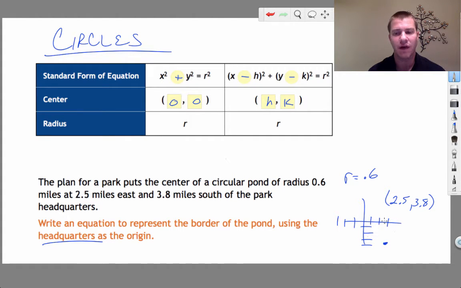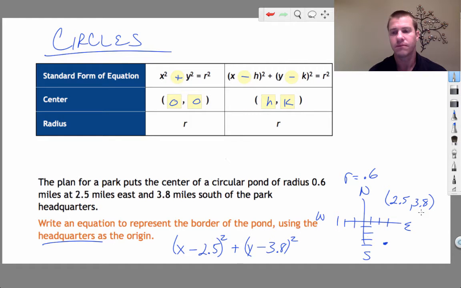So I have that center at 2.5, negative 3.8. I don't really have to graph it, but I like to get the idea of where it is, positive, negative. If you know your directions, this is west, north, east, and south. So to write the equation, I have x minus 2.5 squared plus y minus negative 3.8 squared.